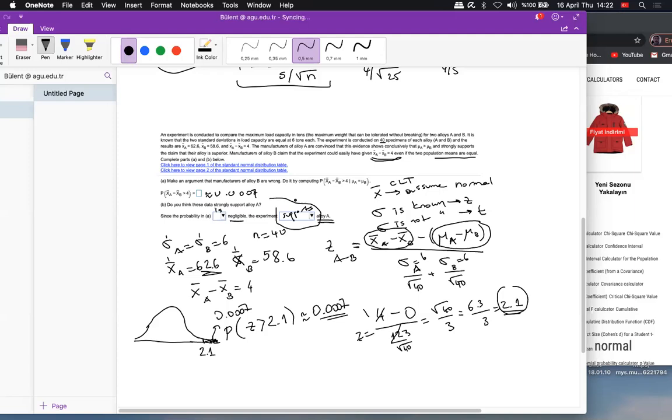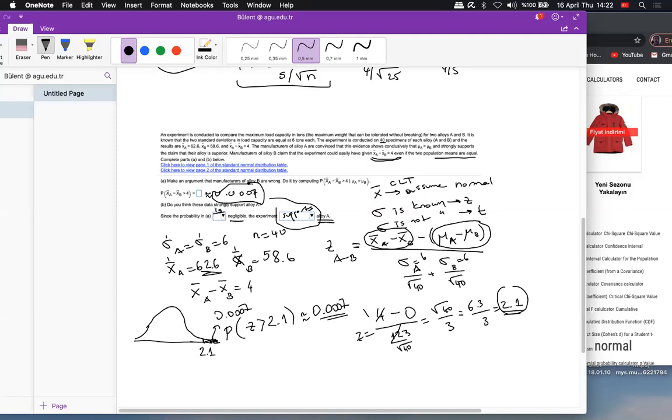Why? Because A is significantly larger than B in terms of load capacity. Okay, you got the main message, arkadaşlar. The probability in A is negligible, right? Negligible means you can neglect it.